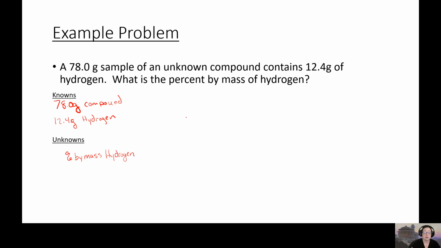So we're going to use that same equation that you just saw. It's percent by mass, and I'm using shorthand because that's just how I always write my equations out, equals the mass of the element divided by the mass total.